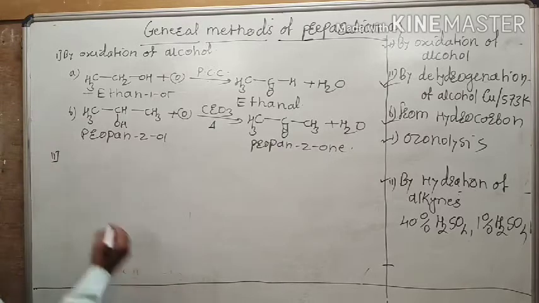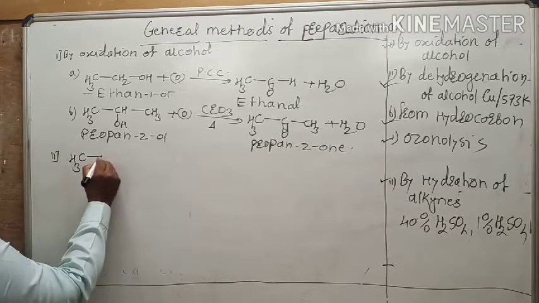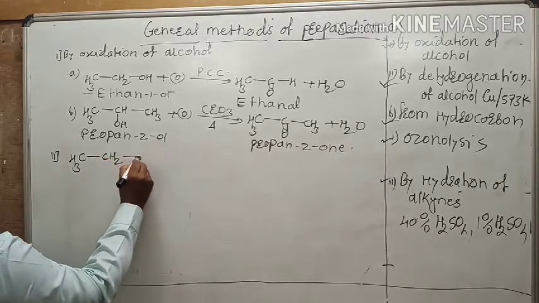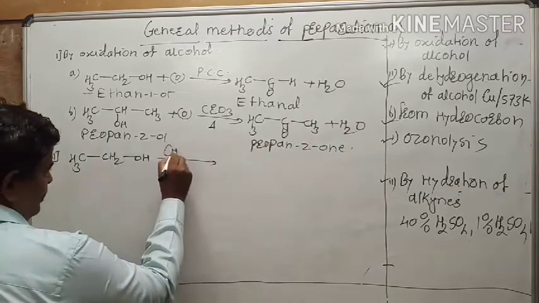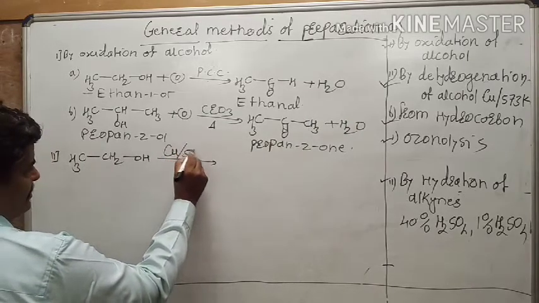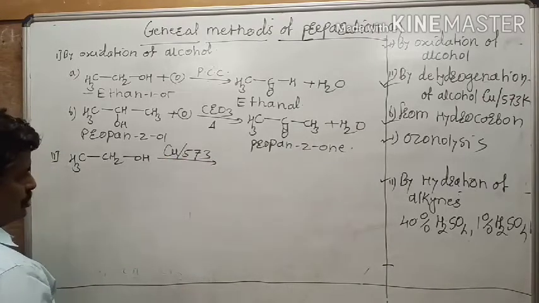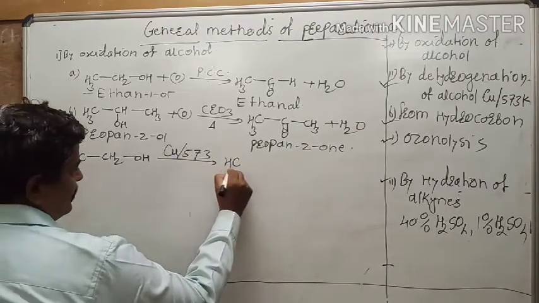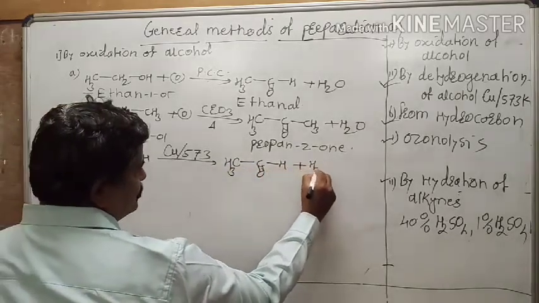If we use primary alcohol, CH3CH2OH, and it is heated at 573 Kelvin in copper tube, then we will get CH3CHO plus H2 gas.